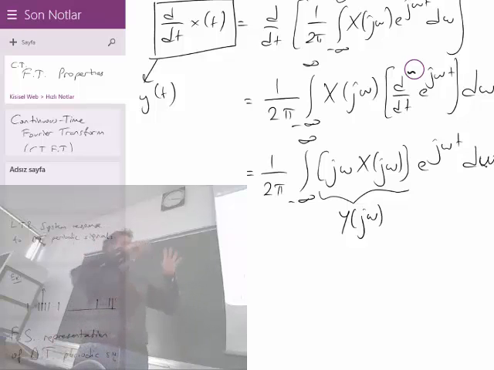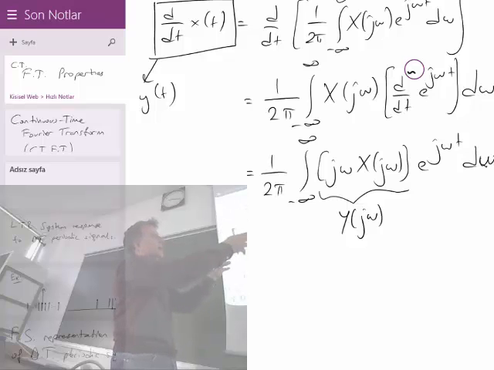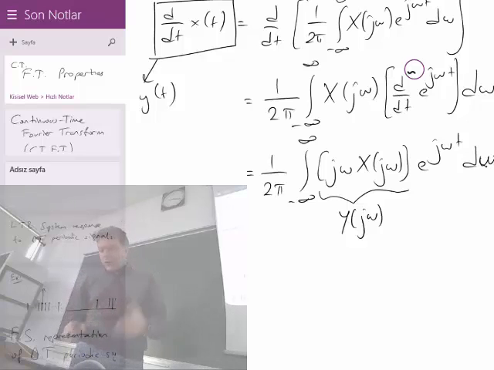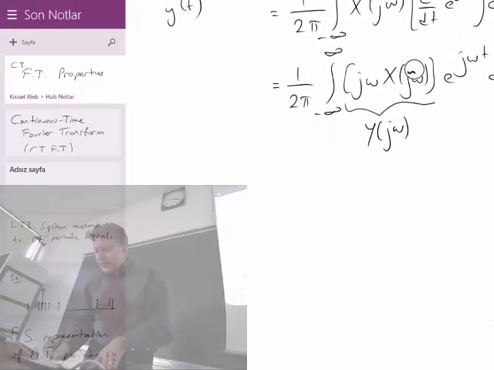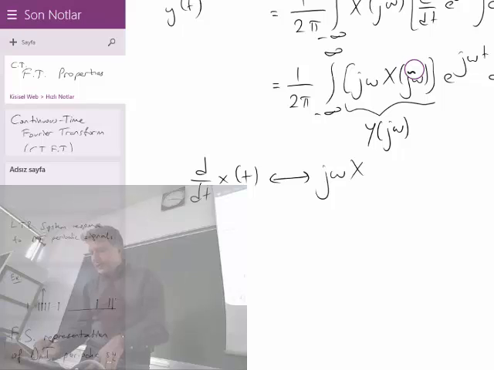Because it's the inverse Fourier transform of that whole thing, j omega times x of j omega. When you take the inverse Fourier transform, you multiply it by e to the j omega t and integrate from minus infinity to infinity. So that expression is y of j omega, which says that, eventually, the time derivative of x of t will have a Fourier transform equal to j omega times x of j omega.